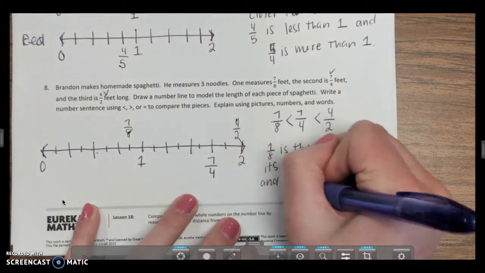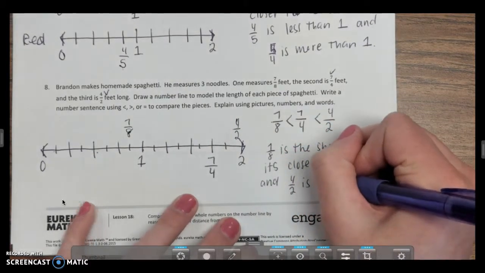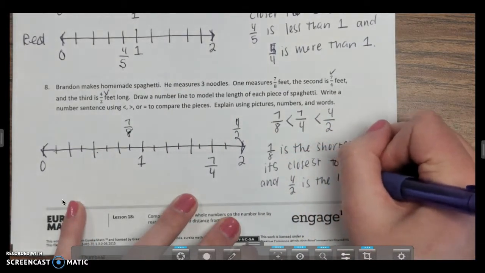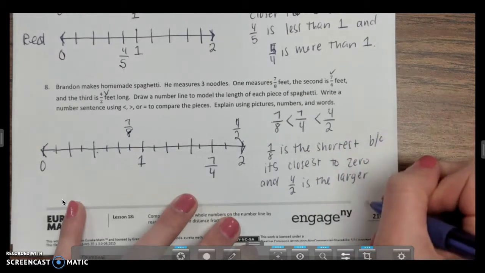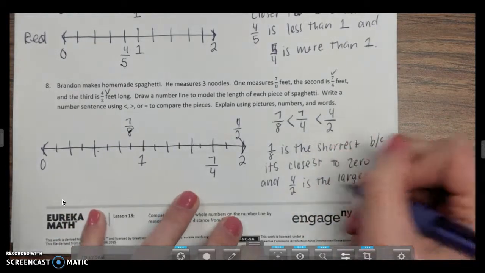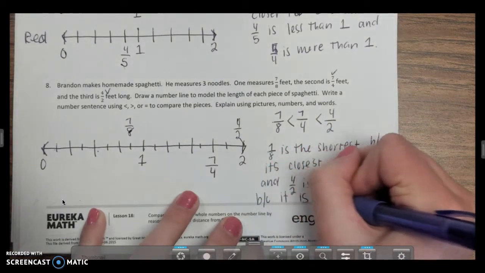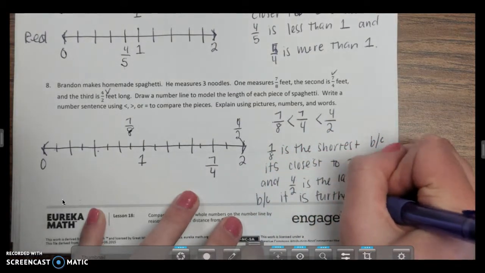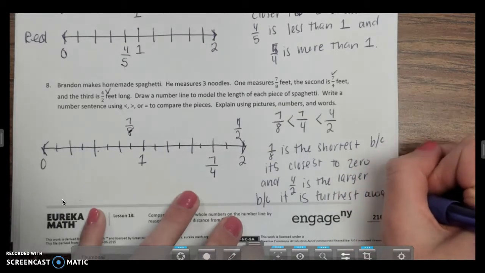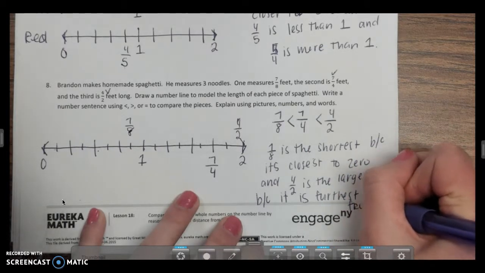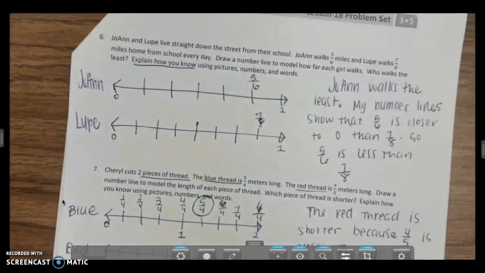And 4/2 is the largest because it is farthest away from 0. And you guys can get started on your practice.